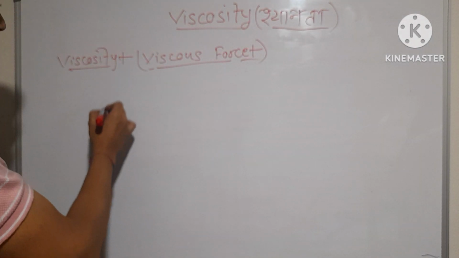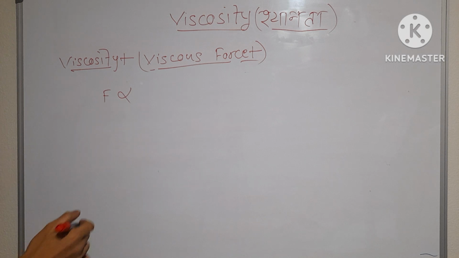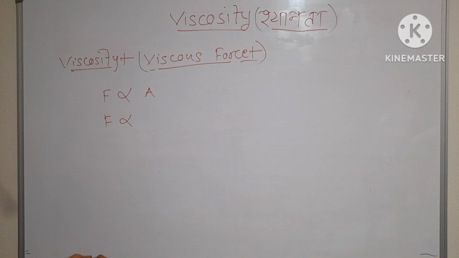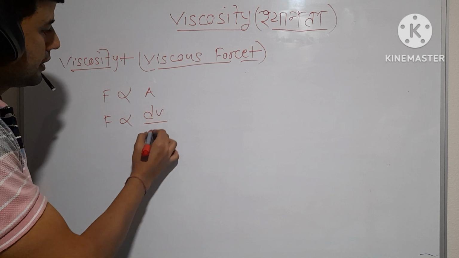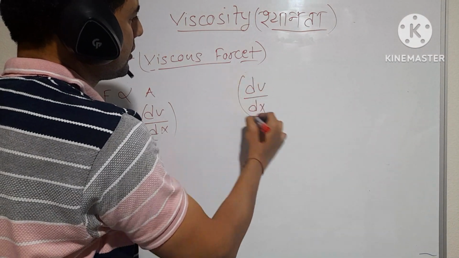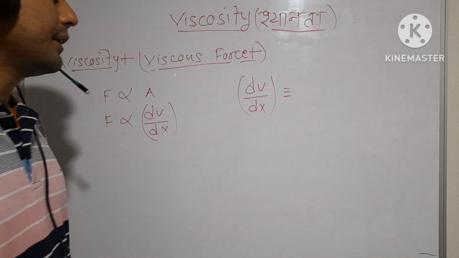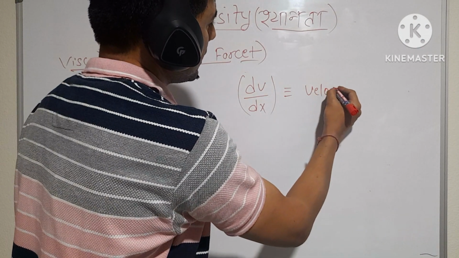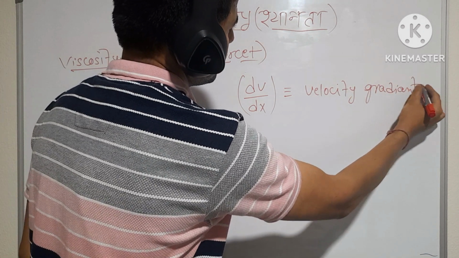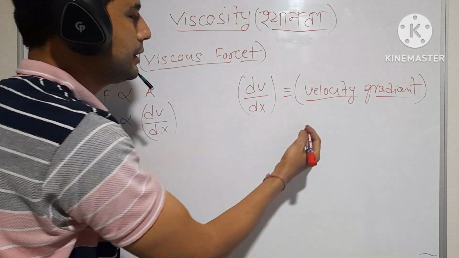This viscous force is directly proportional to A, and this viscous force is also directly proportional to dv/dy. This is the velocity gradient.